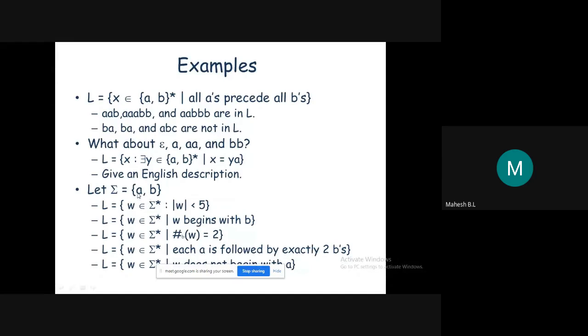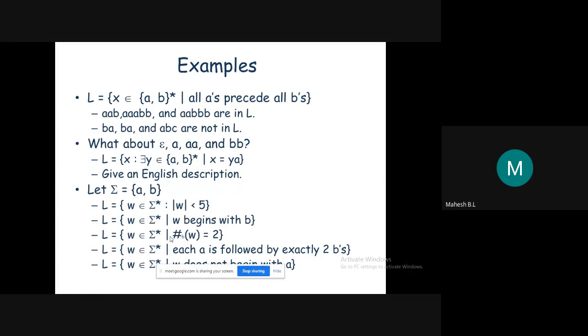If you use only A, you get A. If you use only B, B. If you use both A, B, you can use them any number of times. You can write A, B, B, B, A, B, B. So many strings. Sigma star includes all those strings which are formed using A's and B's by using them 0 or more times.